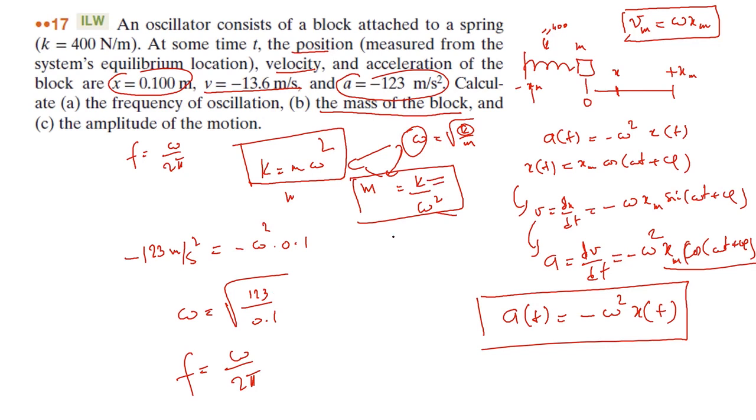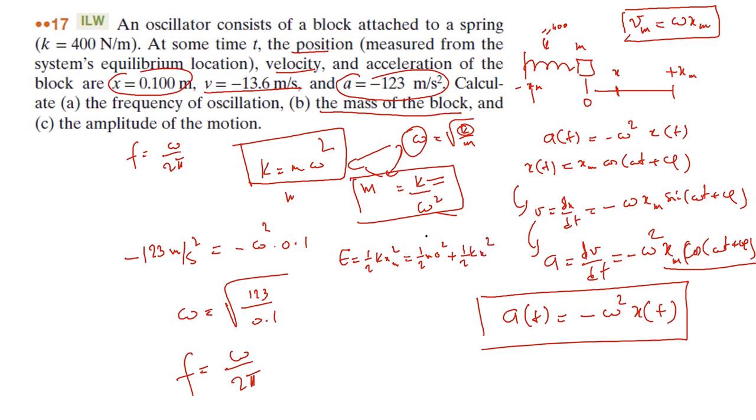Now, finally, what is the amplitude of the motion? I will use conservation of mechanical energy. Mechanical energy is half k x max square, and it will be equal to kinetic energy, half m v square, plus spring potential energy, which is half k x square.